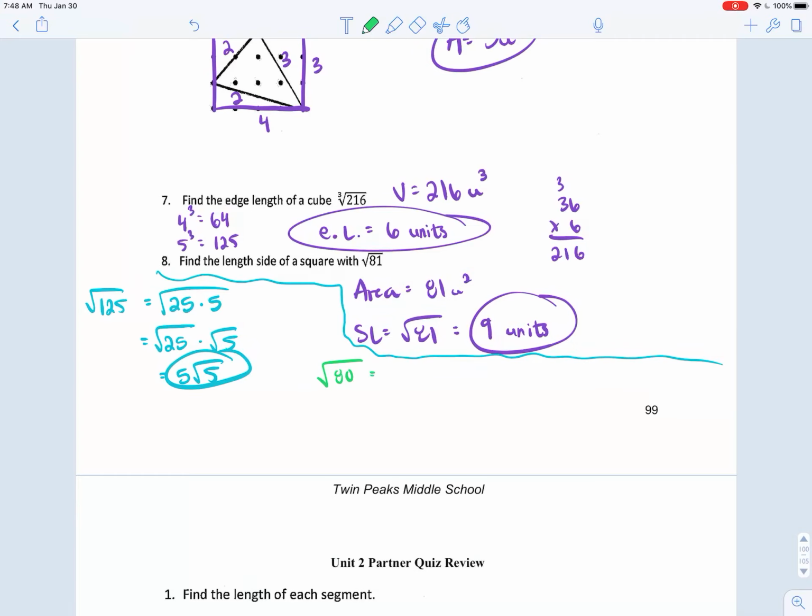So let's take a look. Say you can't think of it and you know that this is 40 times 2. Well, let's keep going. Let's split 40. You know it's 10 times 4. And then let's keep splitting it more. So you know 10 is 5 times 2. And then you also have this 4 times 2.